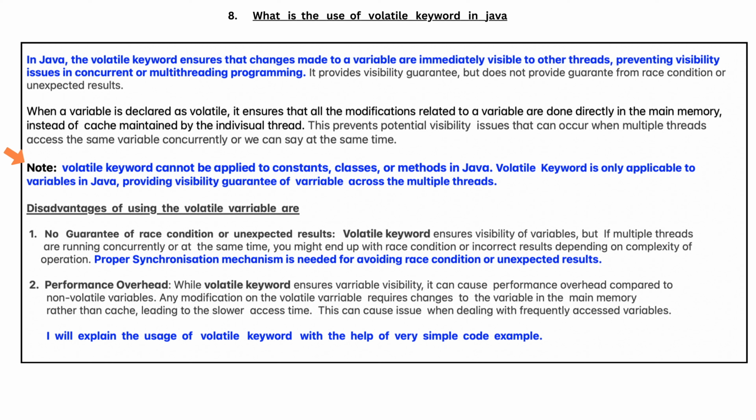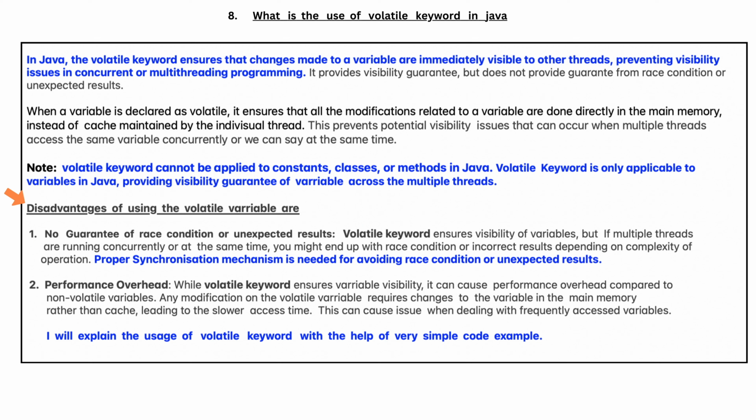Please note that volatile keyword cannot be applied to constants, classes or methods in Java. Volatile keyword is only applicable to variables in Java, providing visibility guarantee of variable across the multiple threads.